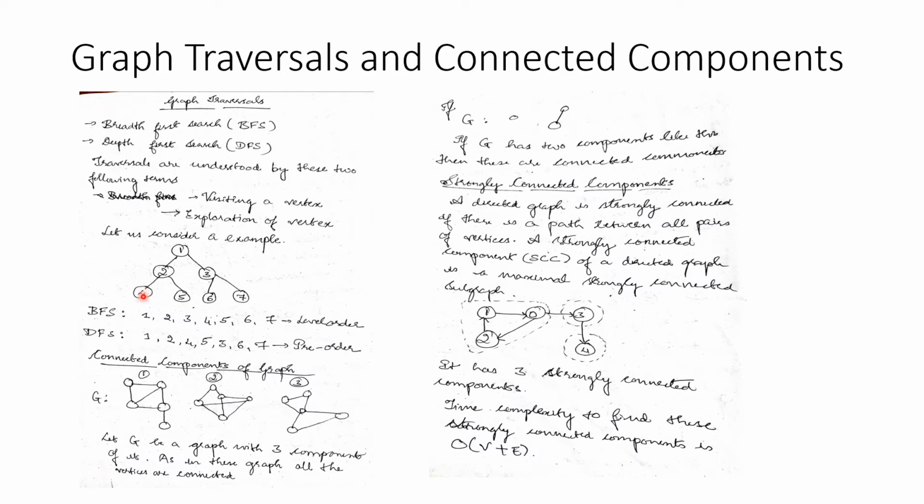The next vertex which I am going to explore is 4. Once I am done with 4, I don't have 4 connected to any other vertices. So what happens now? I have to return back to 2. Once I return back to 2, is there any other vertex which is connected to 2?